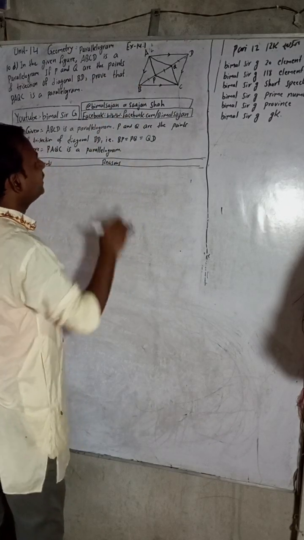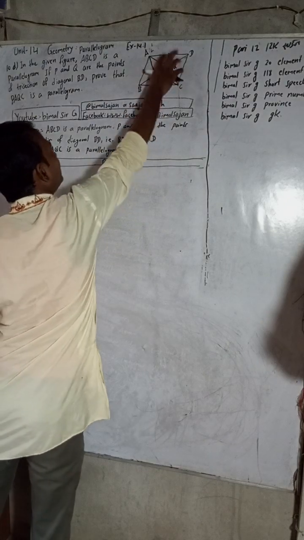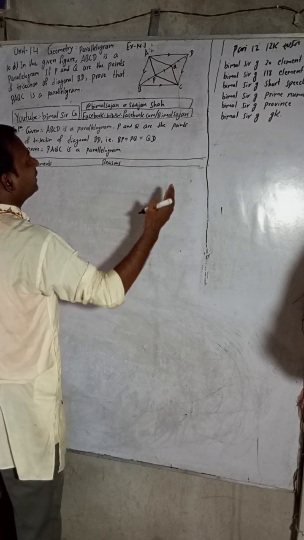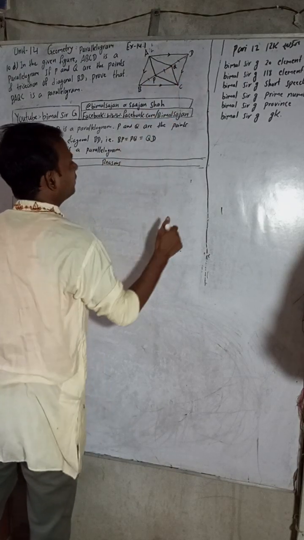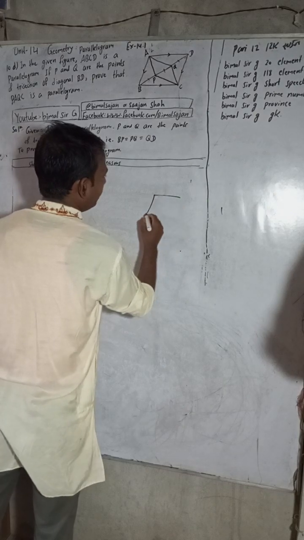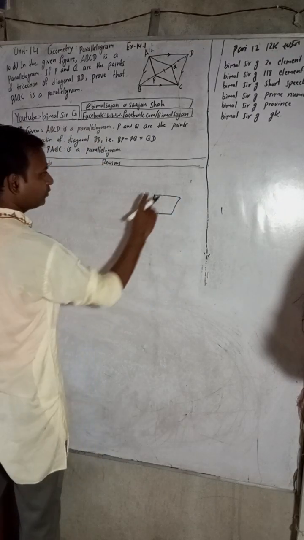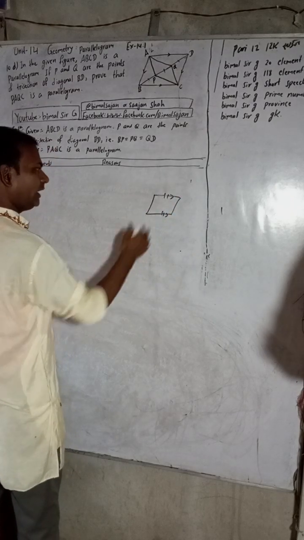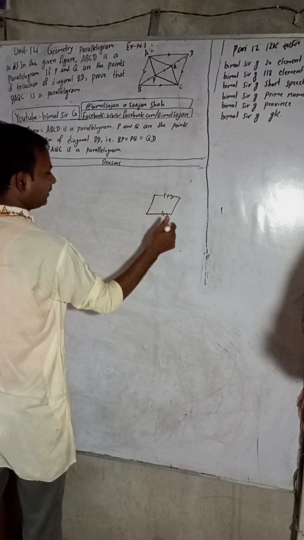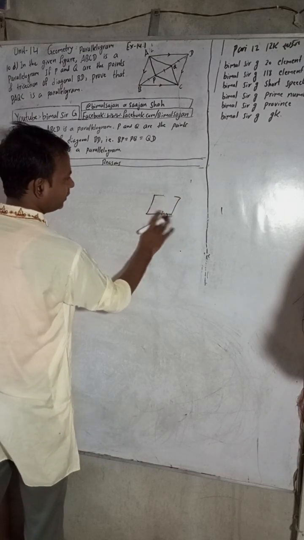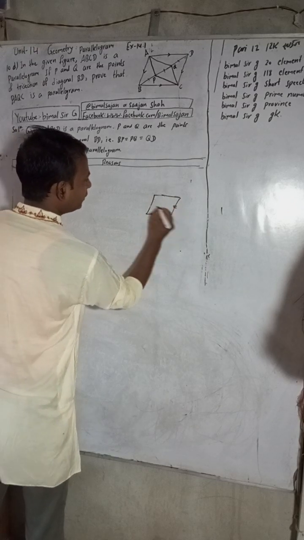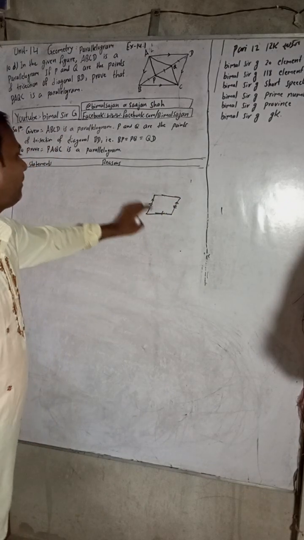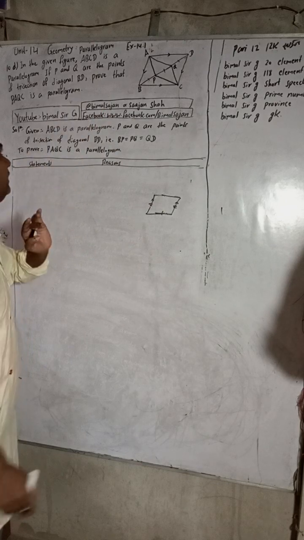Because there is a theorem: if one pair of opposite sides of a quadrilateral, any quadrilateral, meaning four sides, is equal and parallel, then it is a parallelogram. Either this pair or this pair, any pair. Suppose this is not equal, and suppose this side is equal to this side and parallel to it, then automatically this quadrilateral will be a parallelogram. This is the concept we can apply here.